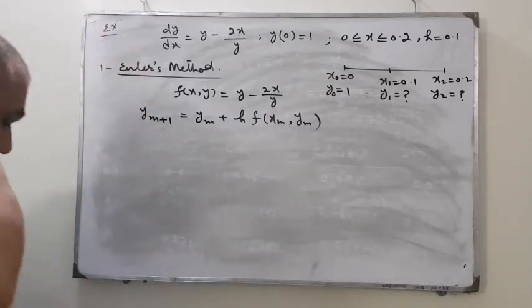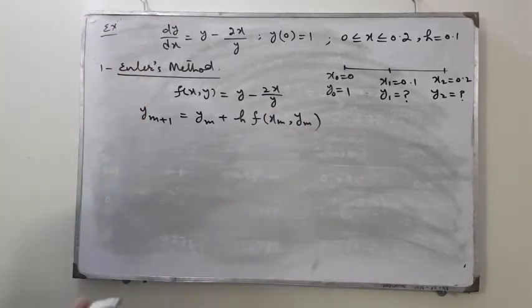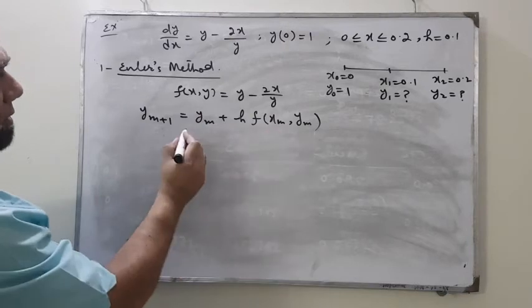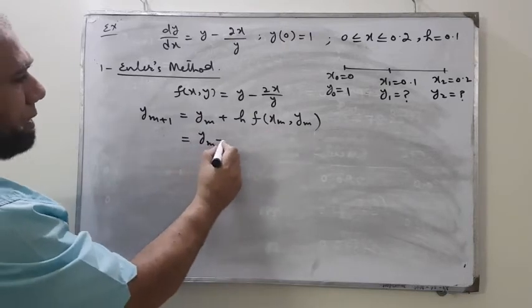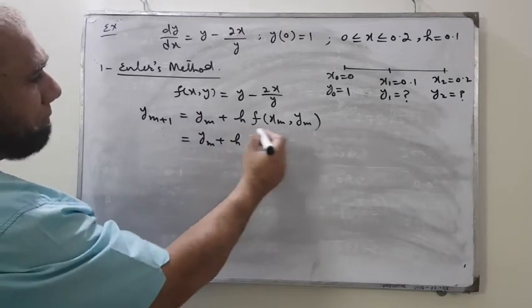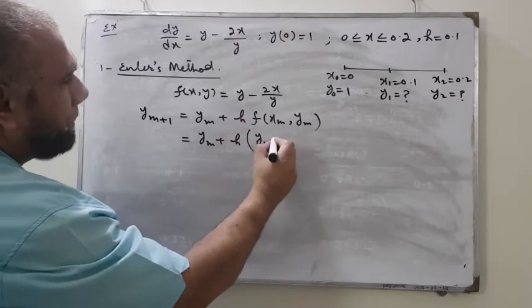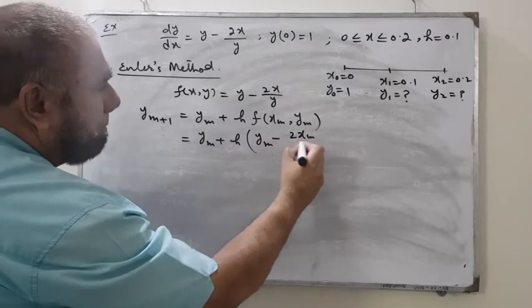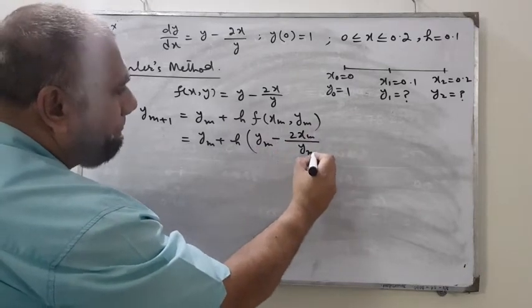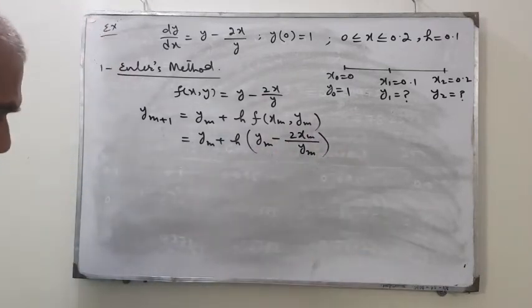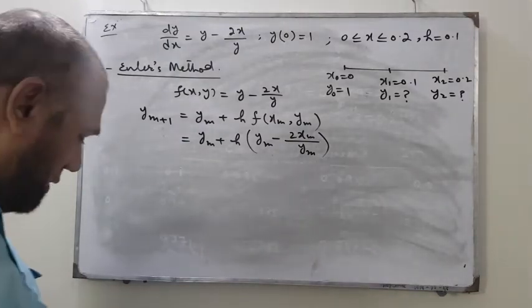Now you can put the function's value here. We get ym plus h times f(x,y) replaced by this one, which takes the form ym minus 2xm over ym. These are just the iterative recursive relations whose values we have to determine.